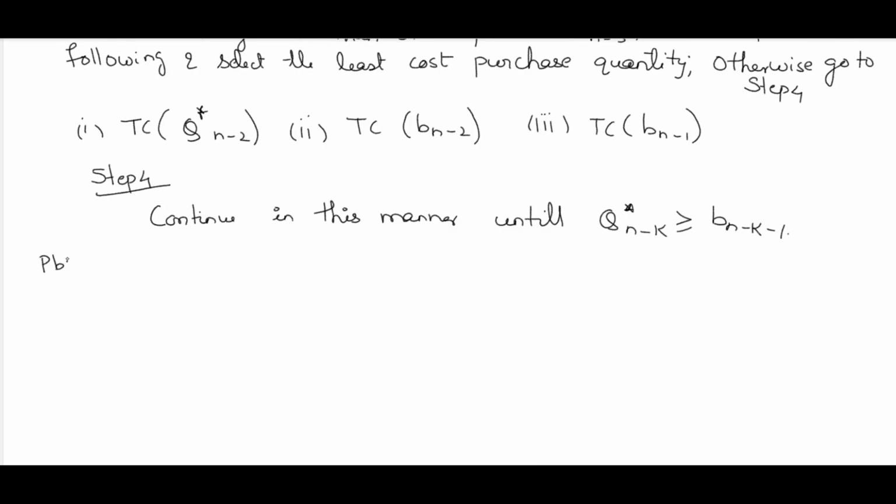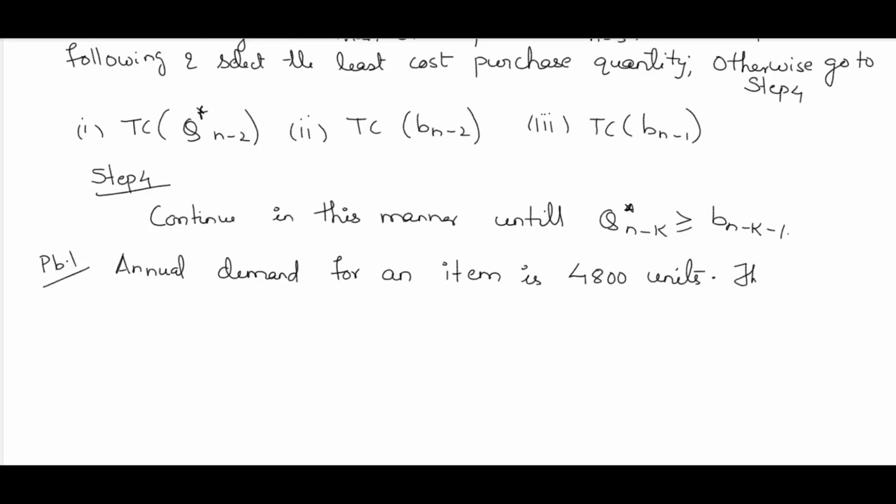Problem 1. Annual demand for an item is 4,800 units. The ordering cost is rupees 500 per order.